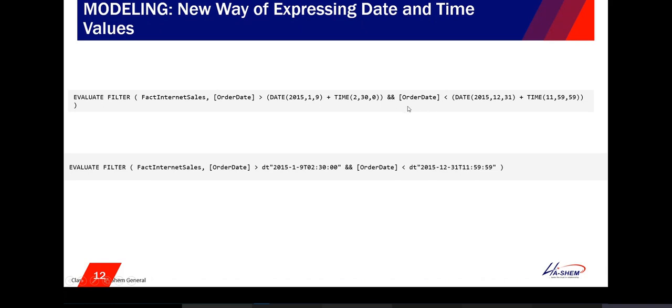For example, in the first formula on my screen, you can see the order date is greater than the year, the month, and the day, plus the time stated and separated, the hour, comma, the minutes, comma, the seconds, and then you have AND to give you the other expression. But with this new function, you could just have your date and your time in one expression.